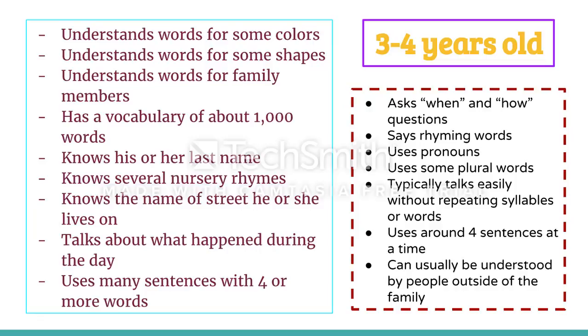They start adding the S like dogs, cats, things like that. They can speak easily without repeating syllables and words. Use around 4 sentences at a time. So if they're telling you a story about what happened during the day, they can usually string together about 4 sentences. And then by this point, people outside of the family that don't see them on a daily basis should be able to understand them.